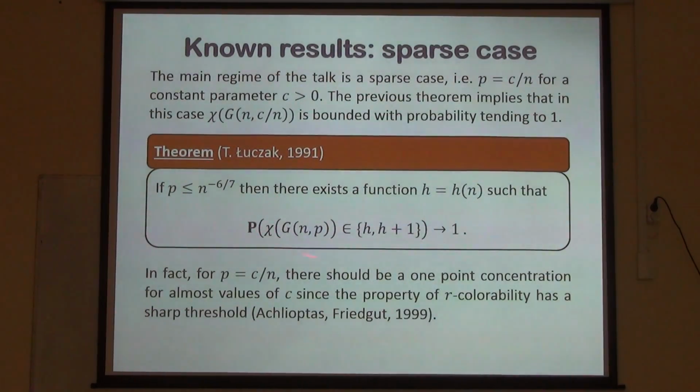For this regime, Łuczak proved that there is a two-point concentration for the chromatic number, which means that, in fact, it is true not only for the sparse case.